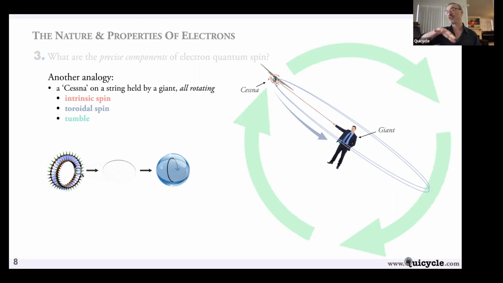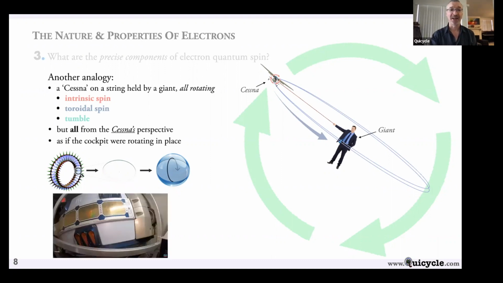But because of its intrinsic propeller angular momentum, that entire disk containing the plane and the rope and the giant is all going to be tumbling in that third dimension to create a spherical symmetry. But consider all of that movement from the point of view of the Cessna, from the point of view of the cockpit of that Cessna, as if the cockpit were remaining in place and simply rotating.